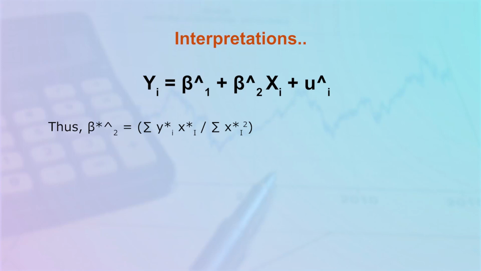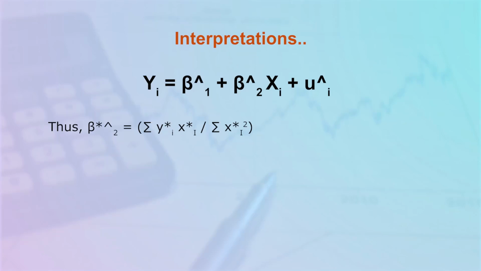In this case, yi and xi are converted to yi star and xi star because they are the scaled variables, with the w's attached. So in the first step we get summation of yi star xi star divided by summation of xi star square, which is the original expression of a beta hat coefficient under OLS.